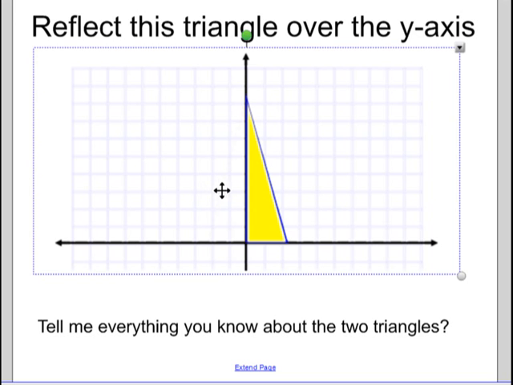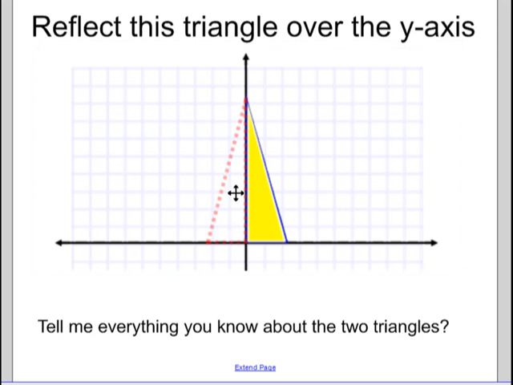Okay, so let's see what we've got here. You should have that triangle, so it should look like that. And some of the things you should have written down, hopefully, if you missed any, you should write them down, is you've got these two triangles have to be congruent because reflection is a rigid transformation, which you may remember from our study of transformations means that the original figure and the transformed figure are congruent to each other.